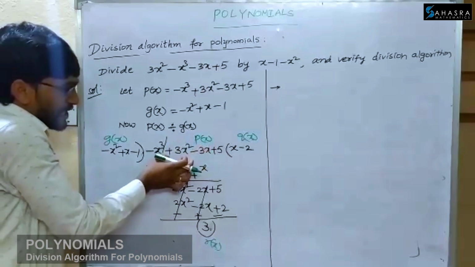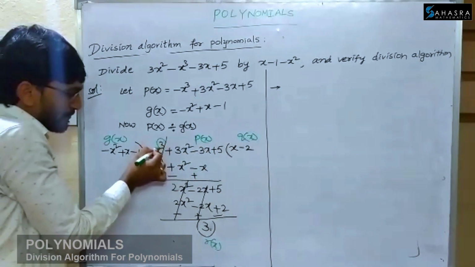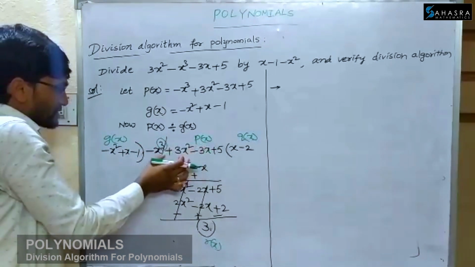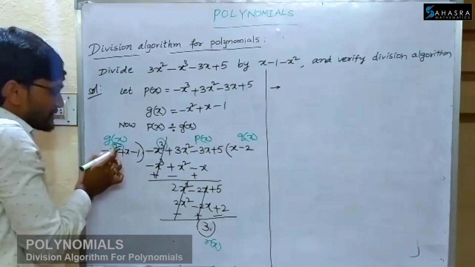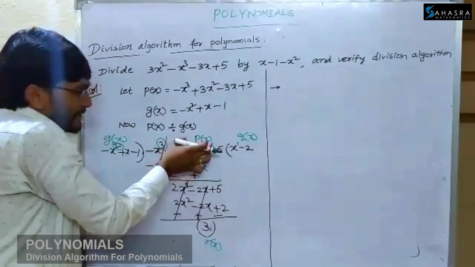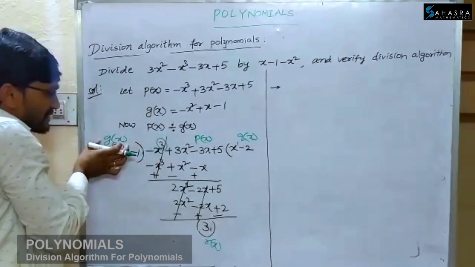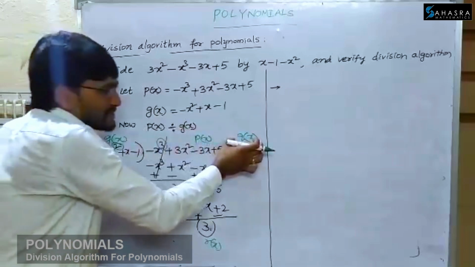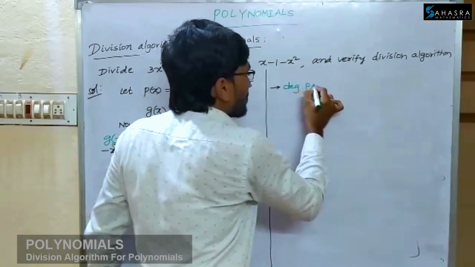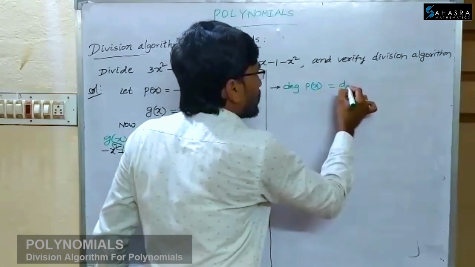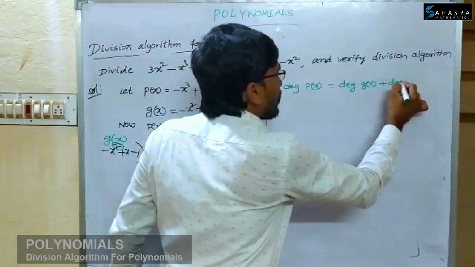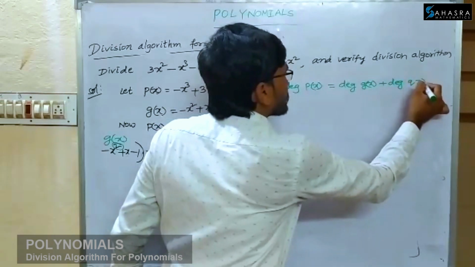So what is the degree of p of x? Degree of p of x is 3. Here degree of g of x is 2. Here the degree of q of x is 1. So degree of p of x can be written as degree of g of x plus degree of q of x. The first point is degree of p of x is equal to degree of g of x plus degree of q of x.